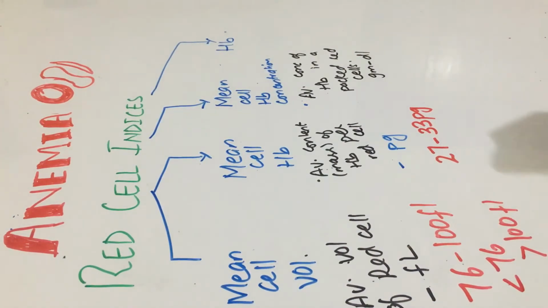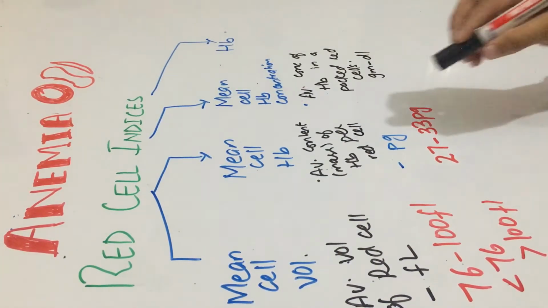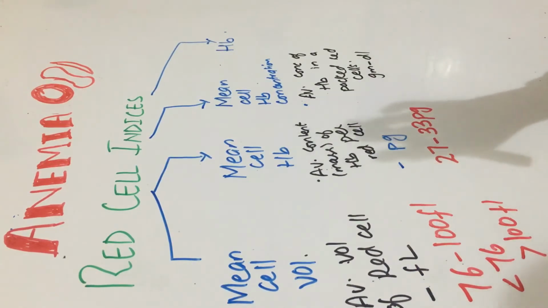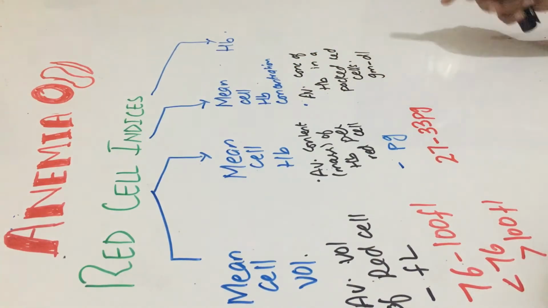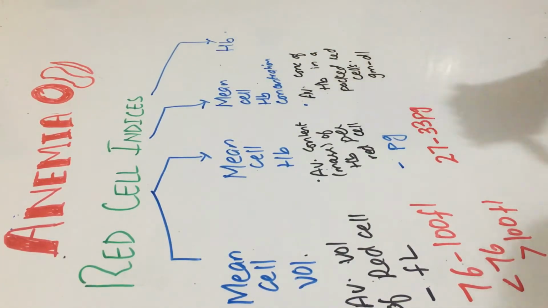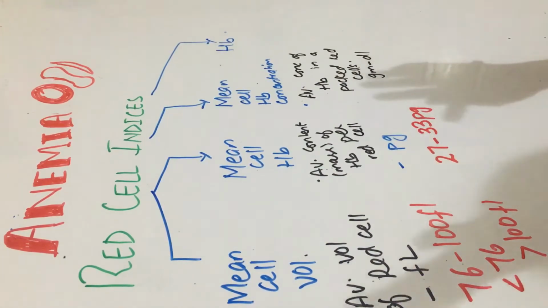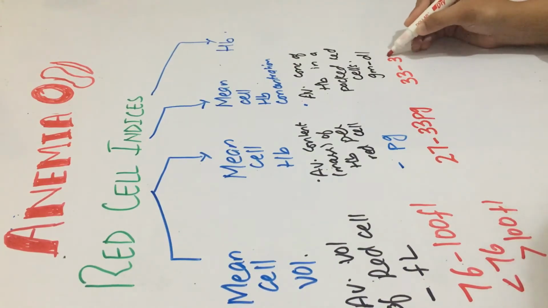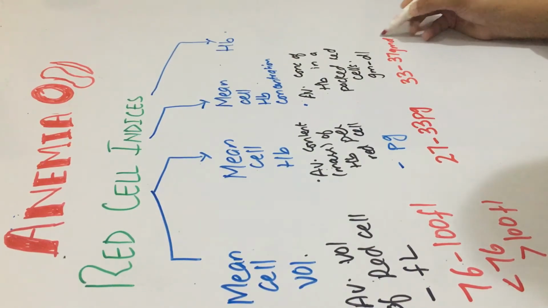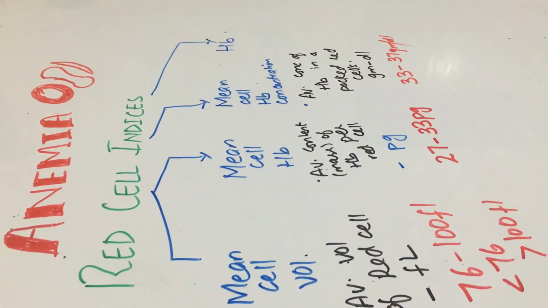So mean cell hemoglobin is the amount of hemoglobin in an individual cell, while the mean cell hemoglobin concentration is the concentration of hemoglobin in an individual cell, that is, the mass of hemoglobin per volume of that cell. Its normal value is 33 to 37 gram per deciliter.